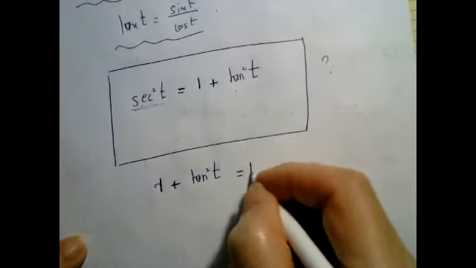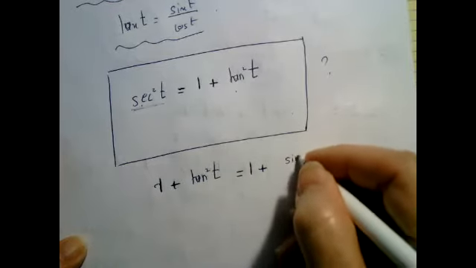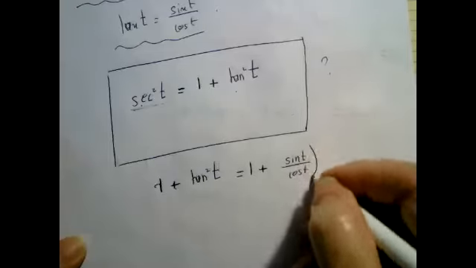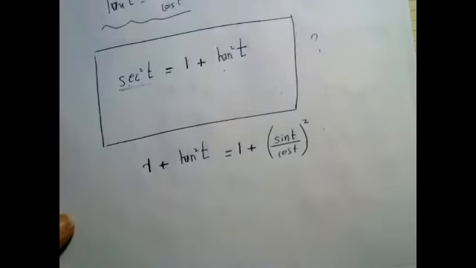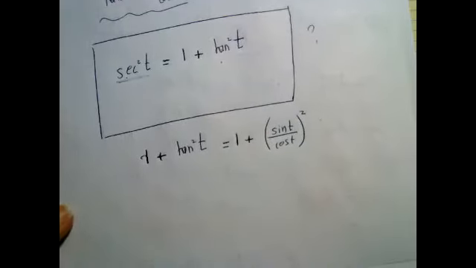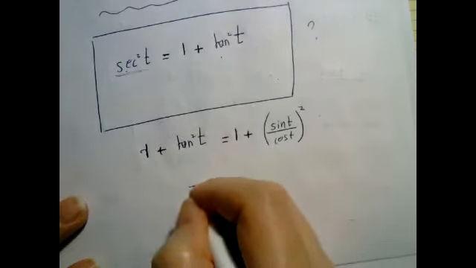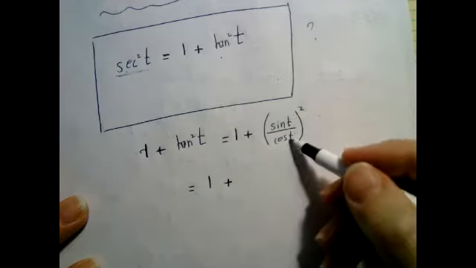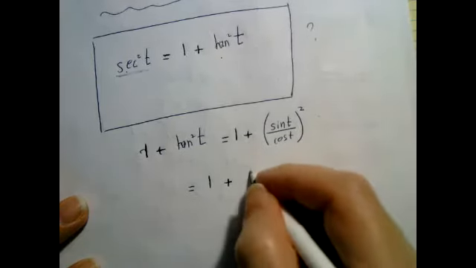All right, it's 1 plus. What's tangent? Tangent is sine over the cosine, to the power 2. Am I correct? Am I fine? Tell me yes or no. It's 1 plus. Now, sine t over cosine t squared, it means sine t over cosine t, you multiply it by itself.